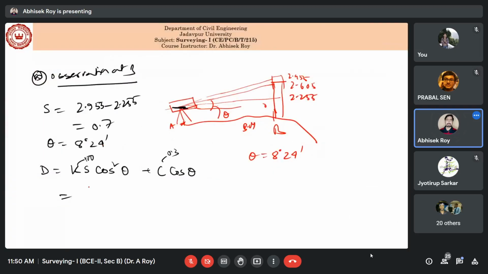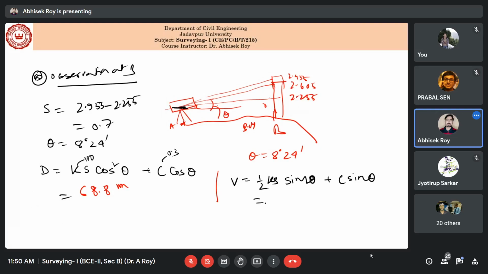Okay. 68.8 meter. Now here also you calculate the V. The V calculation is similar. V is equal to half Ks sin 2 theta plus C sin theta.